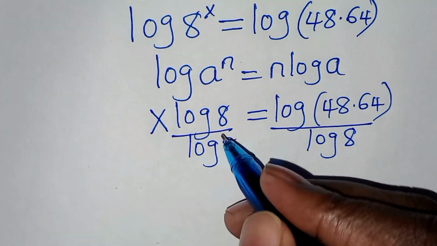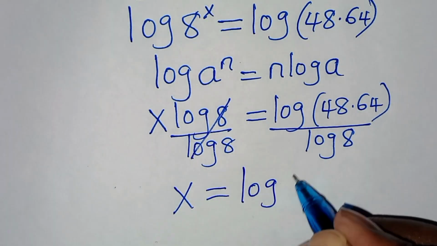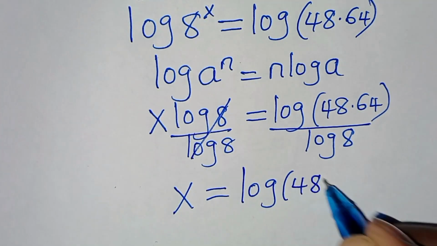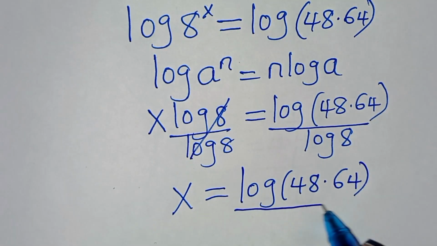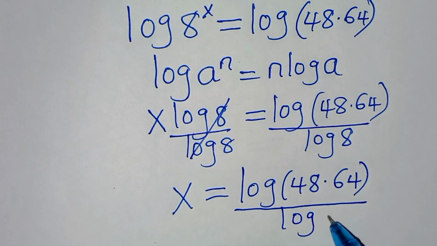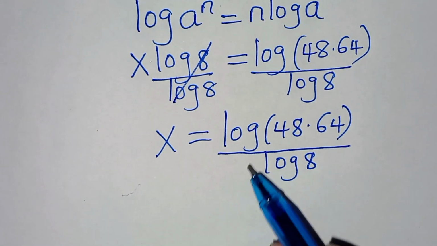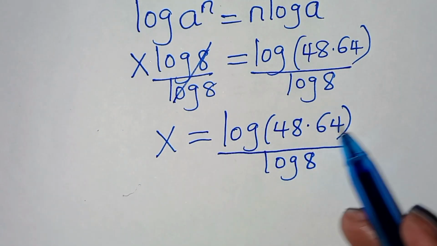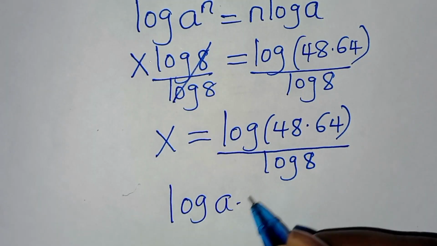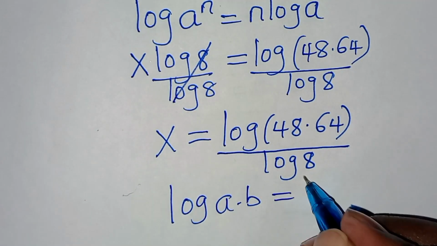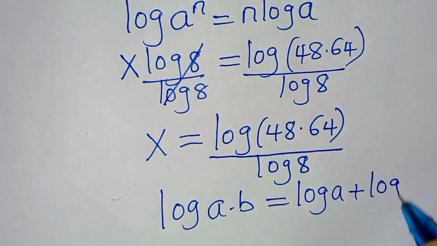And this implies that x here is equal to log of 48 multiplied by 64, divided by log 8. The next step from here is that log of 48 times 64 is in the form of log a times b, which we can express as log a plus log b.